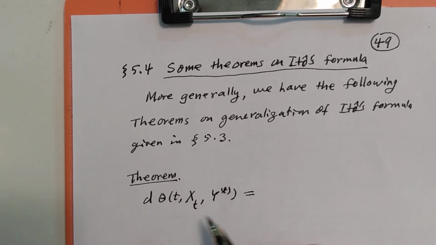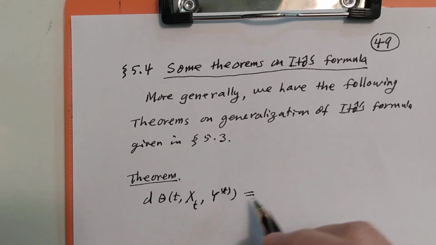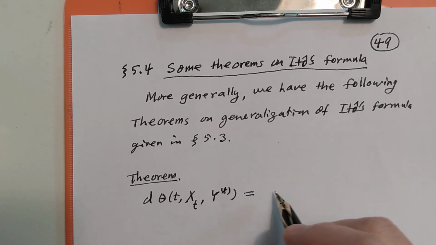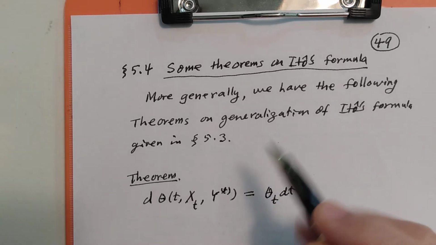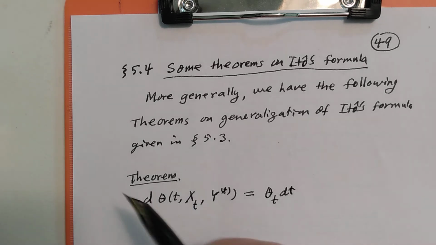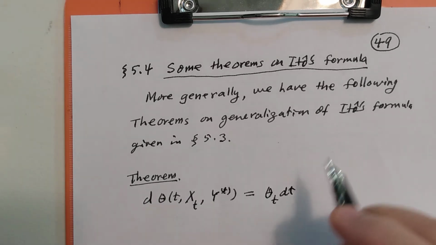Well, obviously, we have for the dependence of theta on t, which is within Newton's calculus, and so the stochastic differential of this is given by theta sub t dt. We have this actual term. Then in the Ito formula from the previous section.